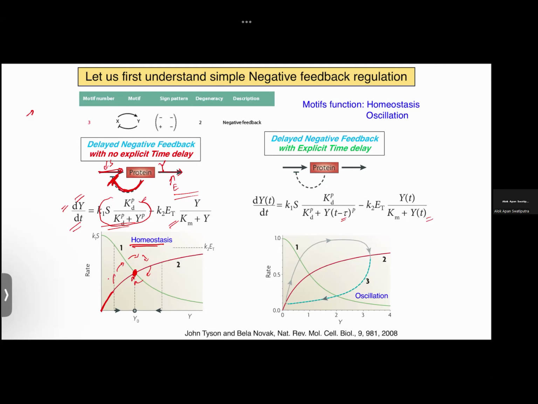So that is in the t time scale. But your negative feedback is now in the t minus tau time scale, because you have to allow tau time only after that. So the difference between your tau and the time elapsed, only that much time has been made available for the polymers to degrade the protein or stop the synthesis.